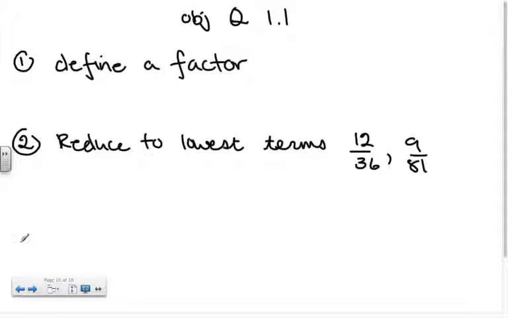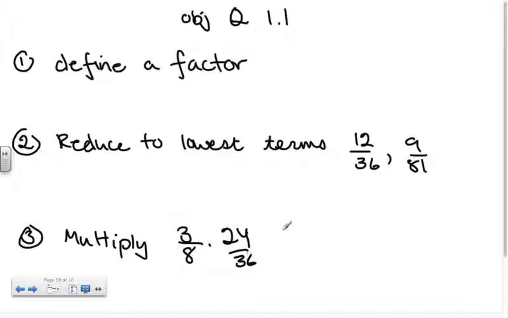And then the last I want you to do is multiply 24 over 36 and 4 over 7 times 49 over 20.